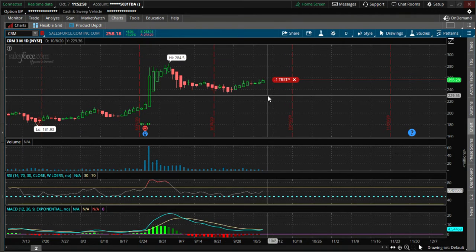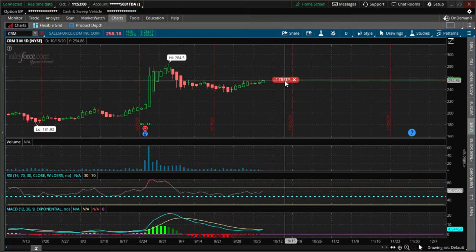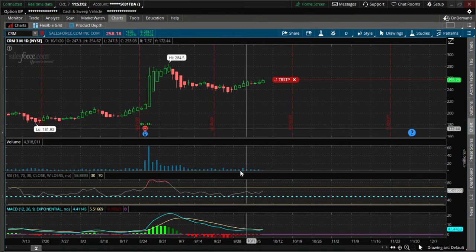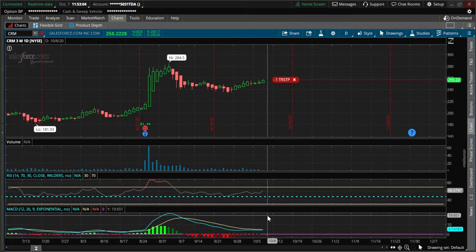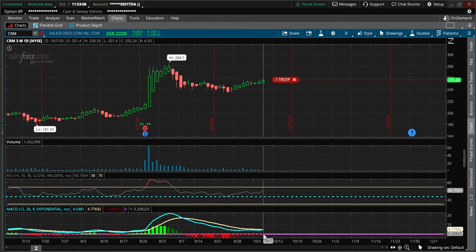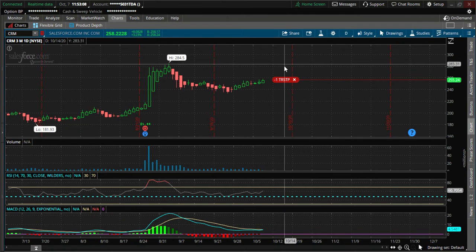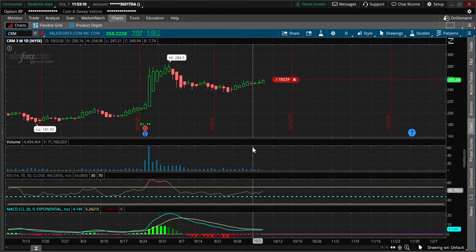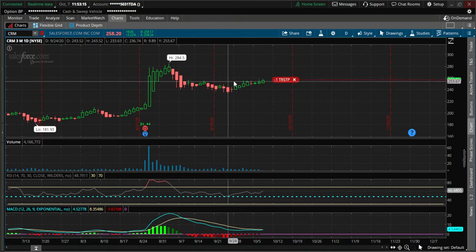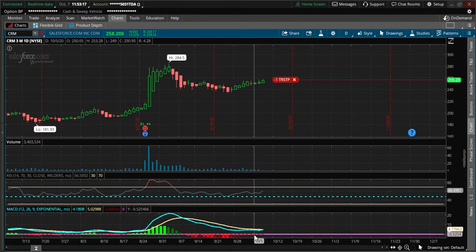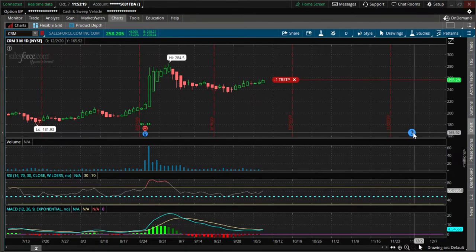I don't know how long it's going to go. I have my trailing stop set up for this one. And if it does cross, I'll enter a bigger position. If I get stopped out, I'll wait. Right now it looks like it's trying to trade kind of sideways, but we have earnings coming up.